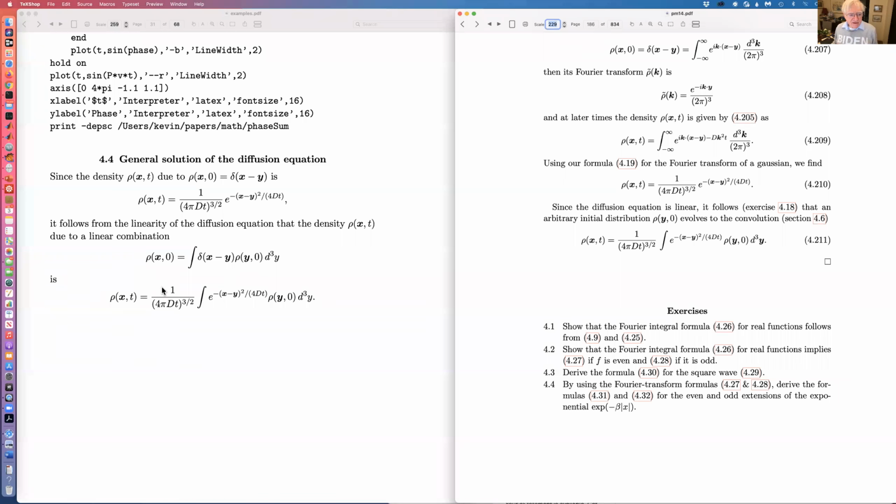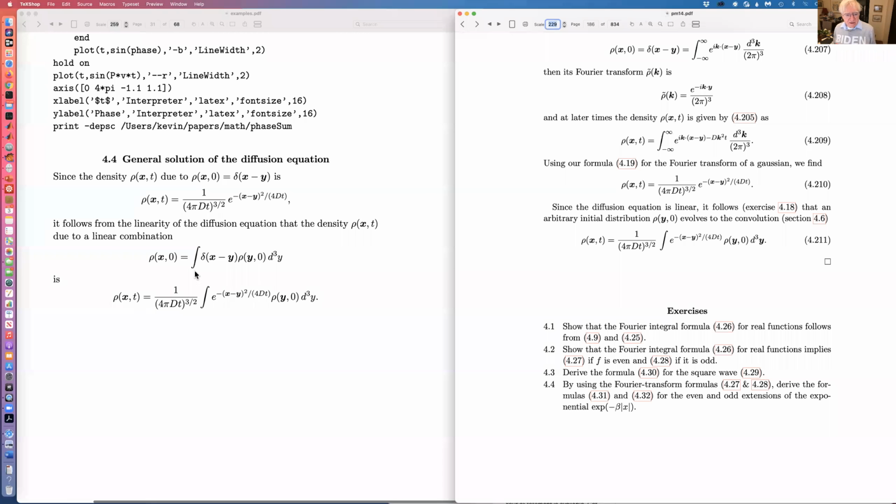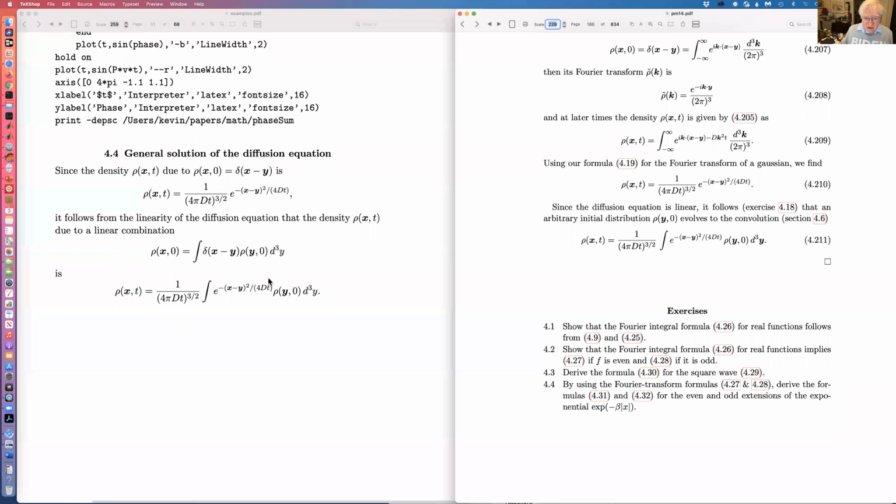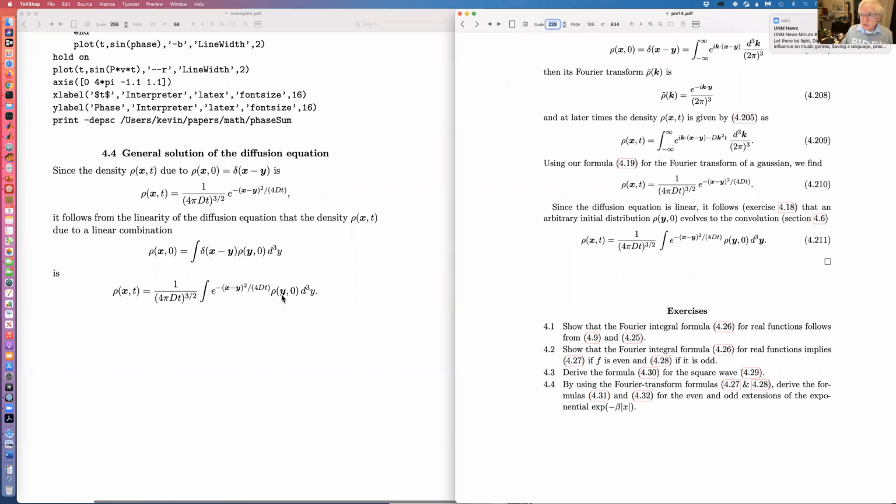And so the distribution for this general density is a convolution of the distribution at time 0 with the Gaussian solution for the delta function.